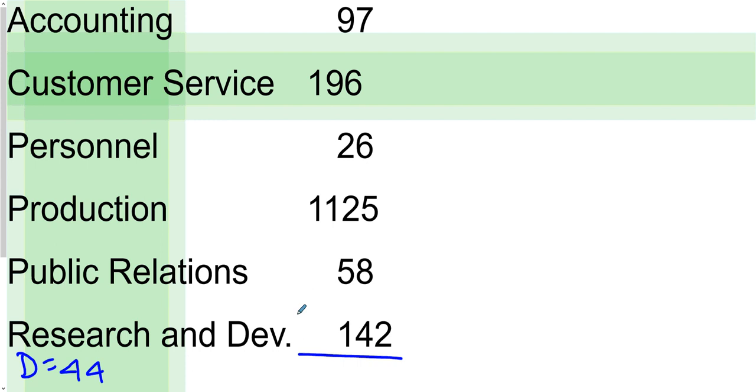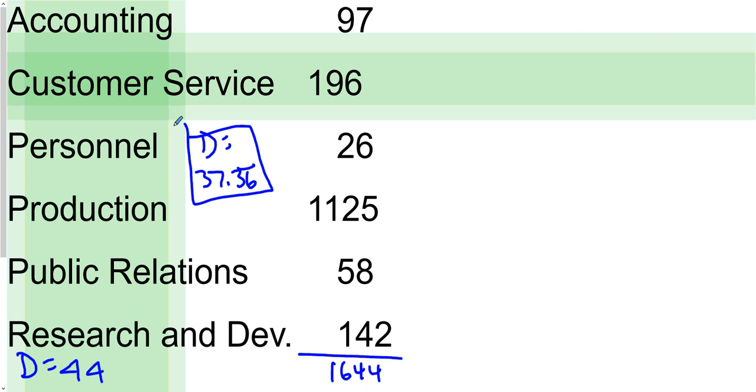That's fine. 97 plus 196 plus 26 plus 1125 plus 58 plus 142 is 1644. 1644 divided by 44 equals 37.36 repeated. Let's just go with it. Again, I have no idea what's going to happen here, so we're just going to run with it.